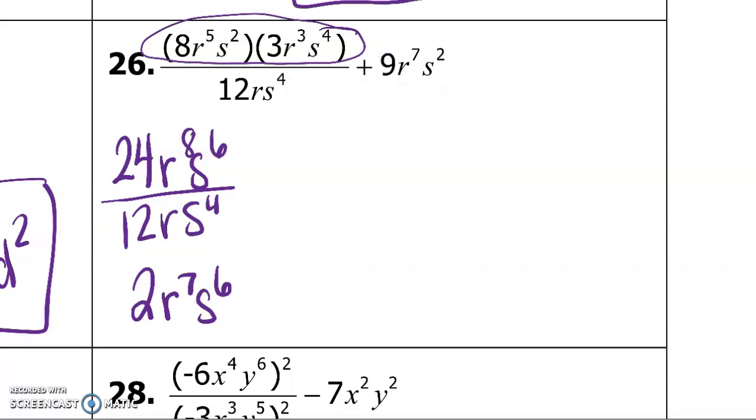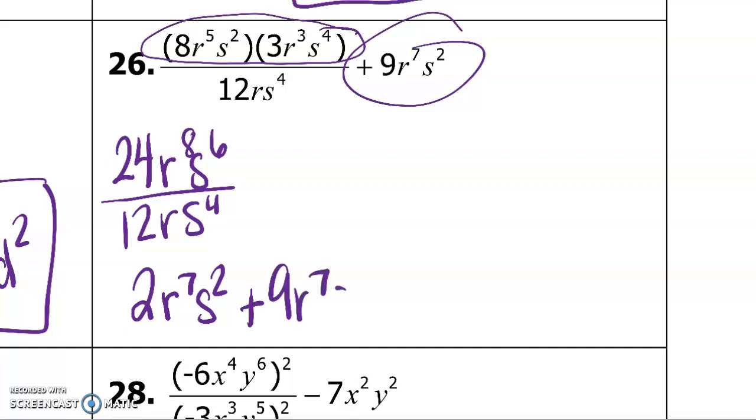Sorry, I said second, but I wrote 6th. There we go. So then plus 9r to the 7th, s squared. If you simplify this first fraction and don't get r to the 7th, s to the second, then you know something went wrong. Because in order to add or subtract, you have to have exact same exponents.